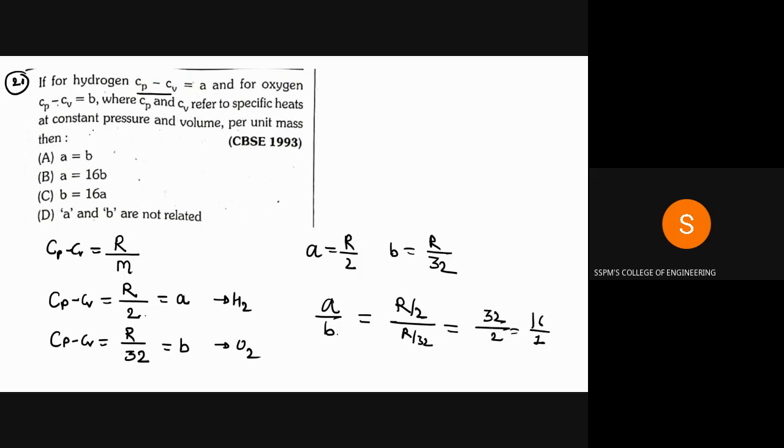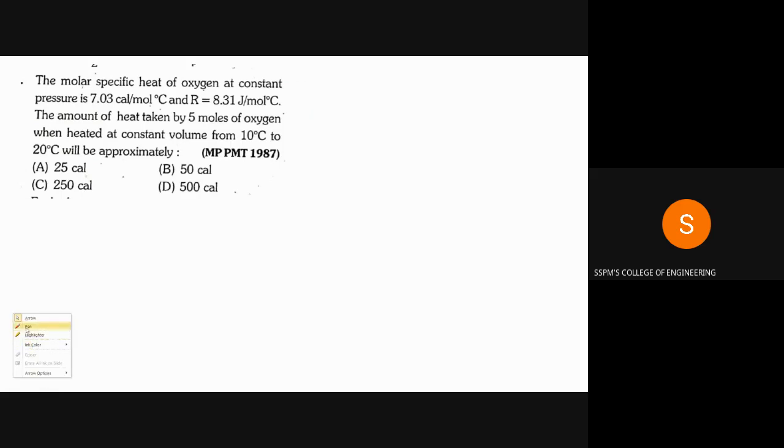Okay, so A is equal to 16 times B. So correct option is option B. So remember this equation Cp minus Cv. Okay, so this is given in terms of the molecular weight, R upon M. Okay, refer the next problem.